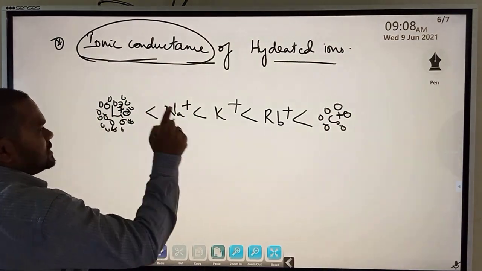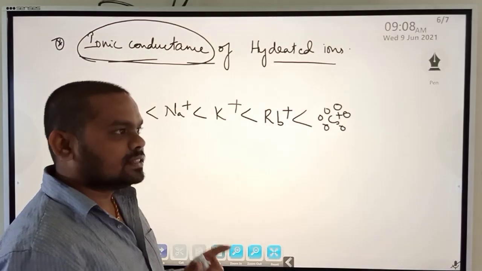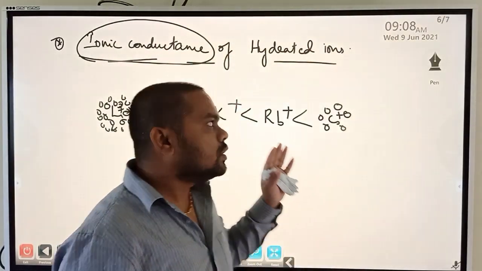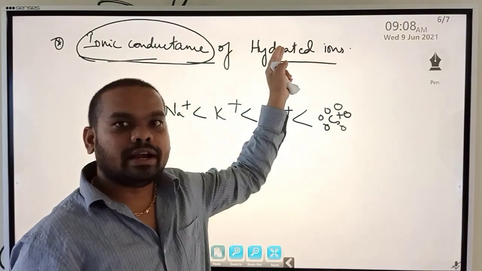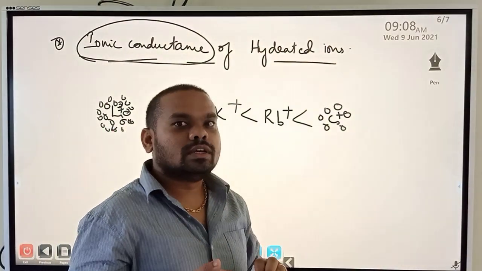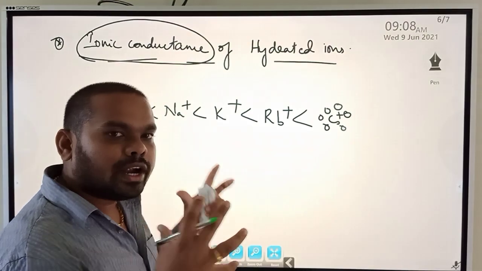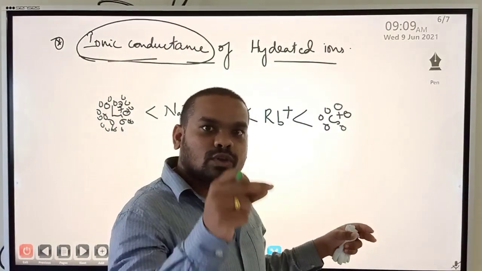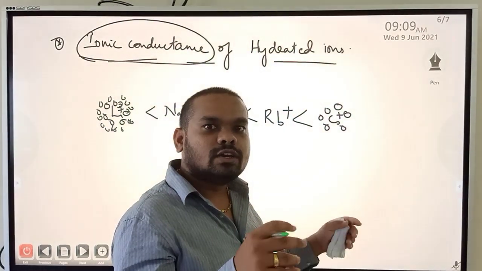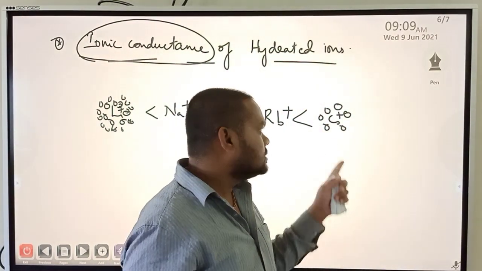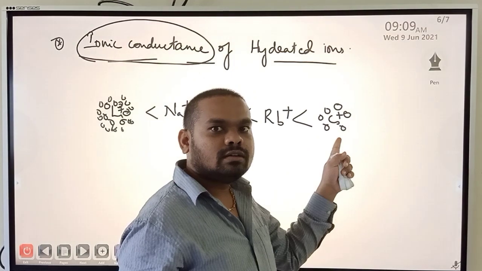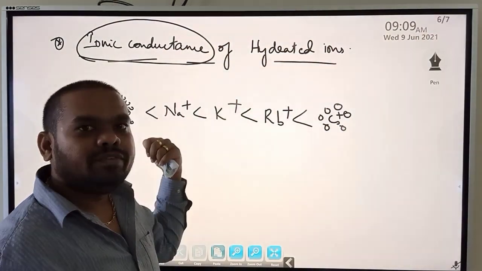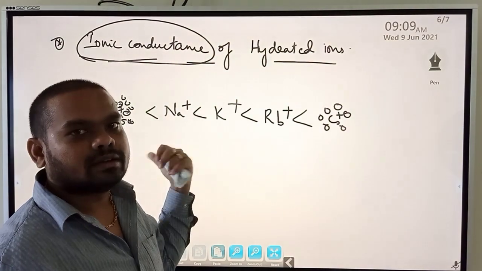One last time, ionic conductance means the free movement of ions, and I am talking about hydrated ions, meaning surrounded by water molecules. Lithium being smaller has more hydration, so it cannot move freely. Cesium, a bigger atom, has a lower degree of hydration, so it can move freely. So the good conductor is cesium plus in the hydrated form, and lithium plus is a relatively weaker conductor.